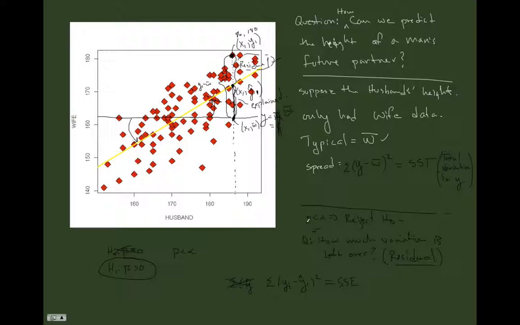So how do these things break down? If I take the sum of squares error divided by the total variation we had to start with, this is the proportion of unexplained variation, or error.